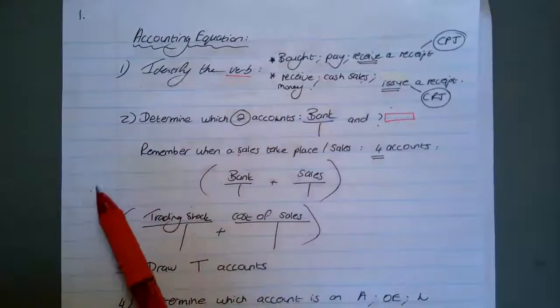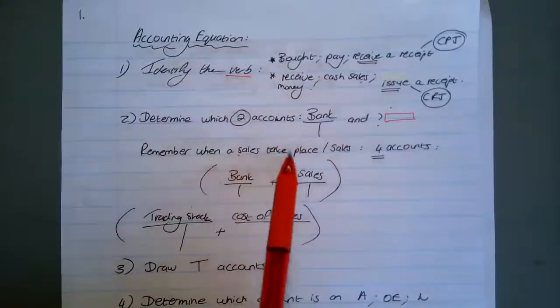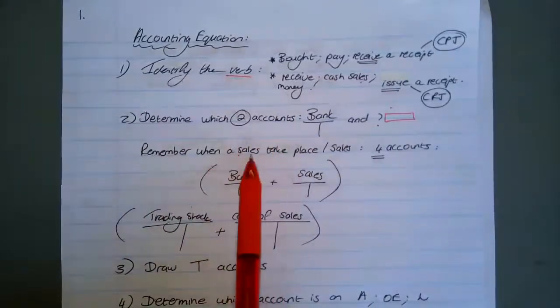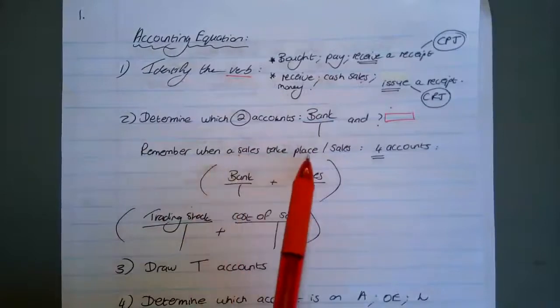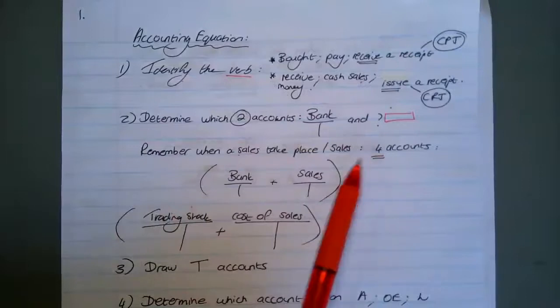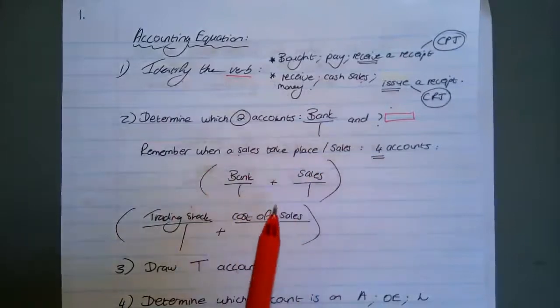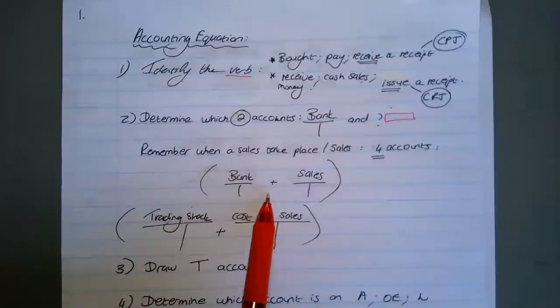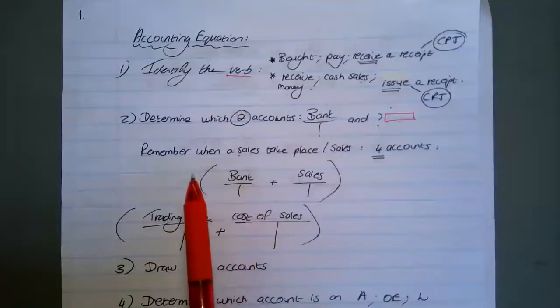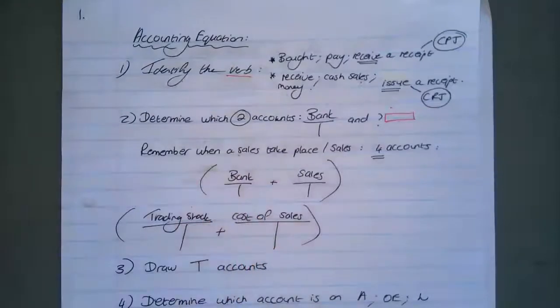But remember, when you have a sales transaction, when a sale took place, or when you received sales for the day, 4 accounts are involved. And this is the new work for grade 9. Remember in grade 8, we did a services business, so then it is bank and current income. But now in grade 9, we are dealing with a business that sells trading stock.